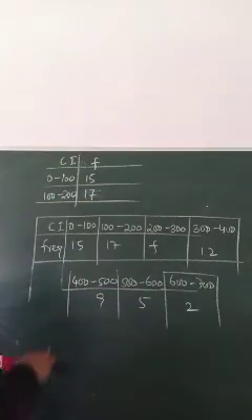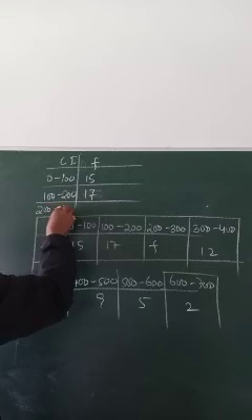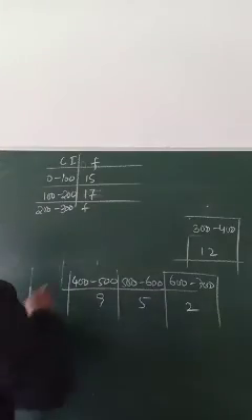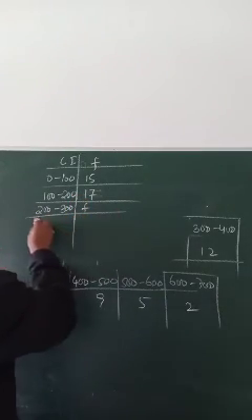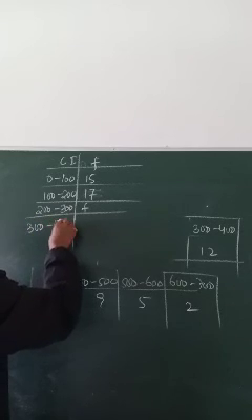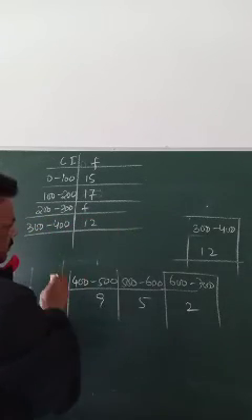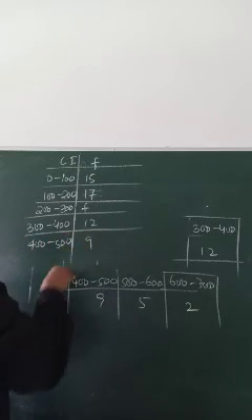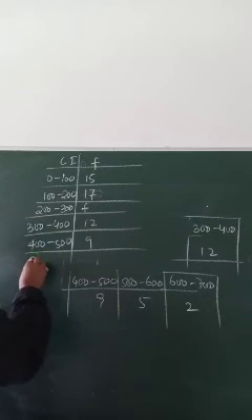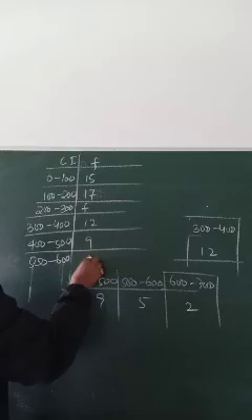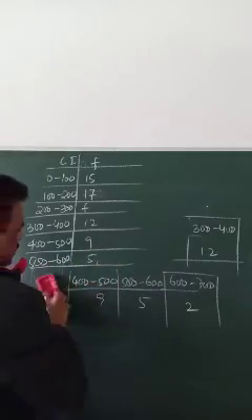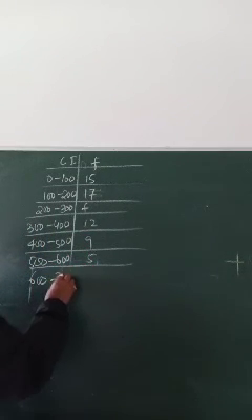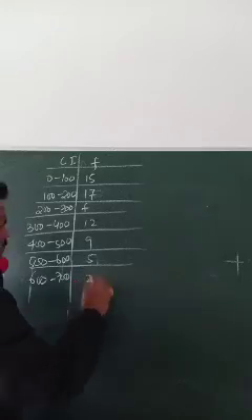Then 200 to 300 is f. 300 to 400 is 12. Then 400 to 500 is 9. 500 to 600 is 5. 600 to 700 is 2.